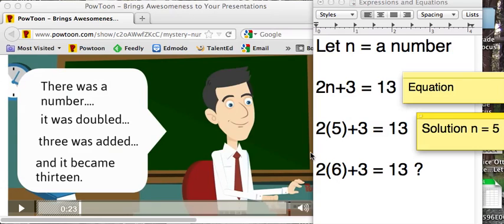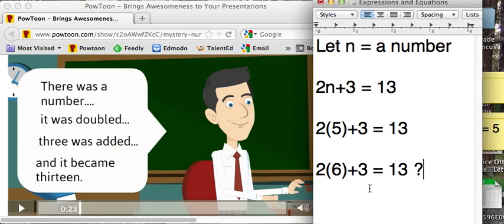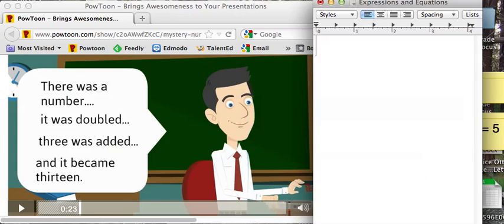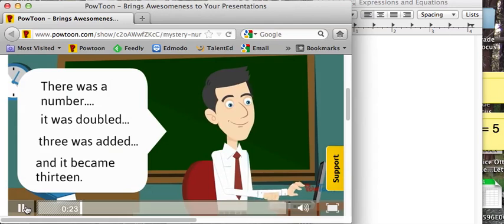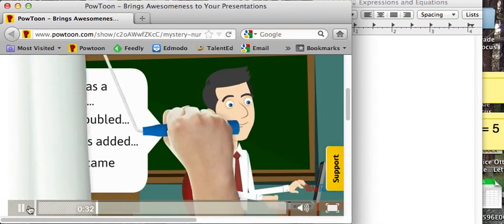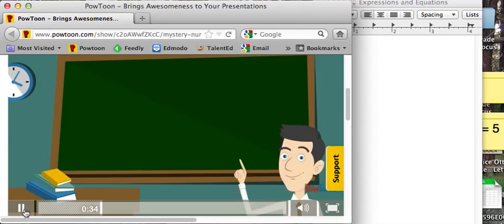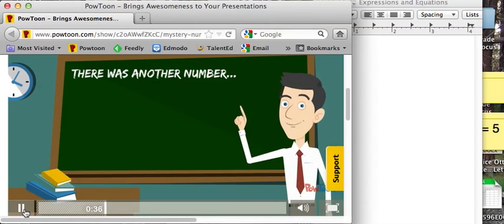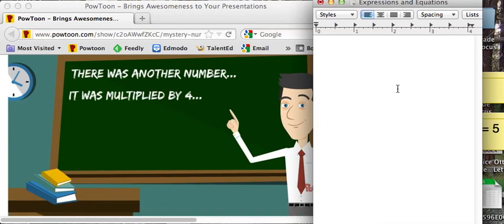Okay, let's try another one. Let's go to the next one and see what that one's going to look like. Okay, there was a number, so we say let n equal a number.